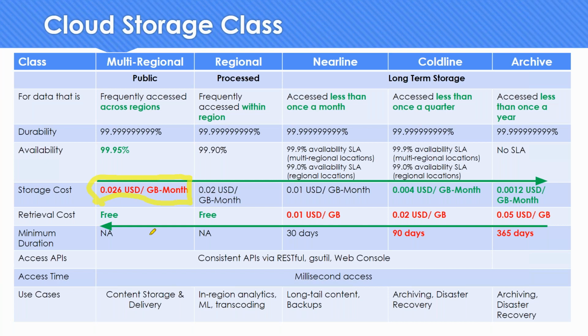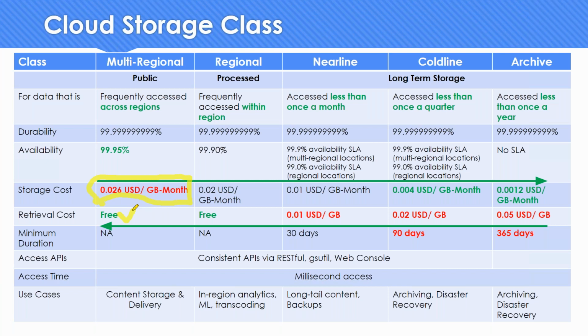But the biggest advantage of the multi-regional storage class is that retrieval cost is free. What are storage cost and retrieval cost? When you keep your object in the bucket, that's your storage cost. When you retrieve or download it, it's a retrieval cost. So you can download this file or object multiple times and you will never be charged.